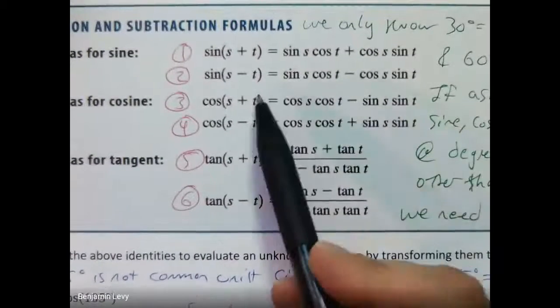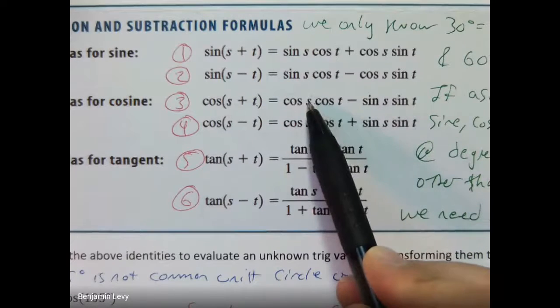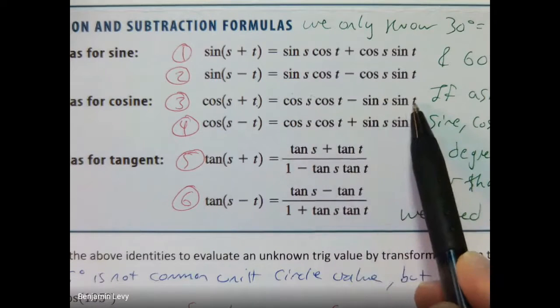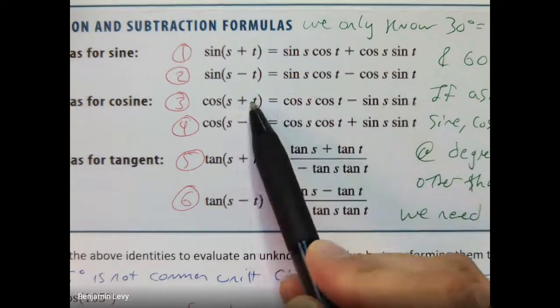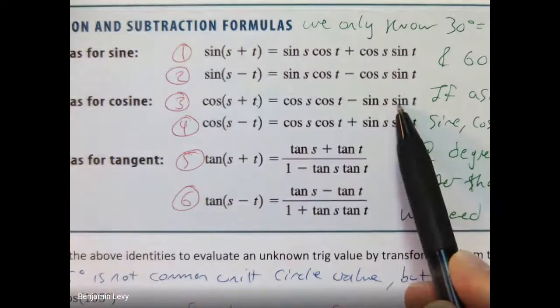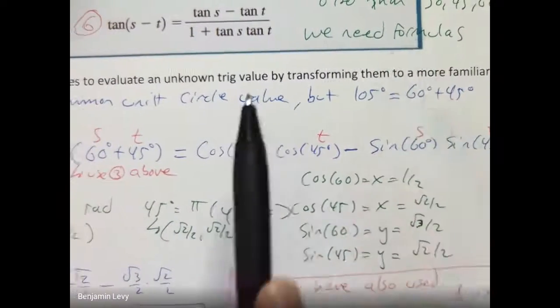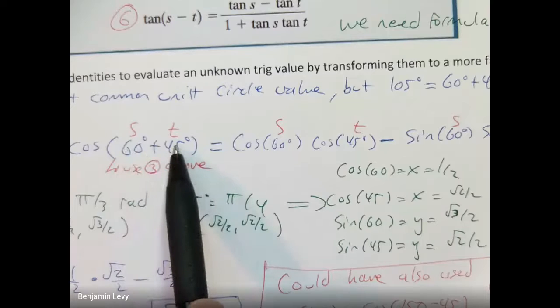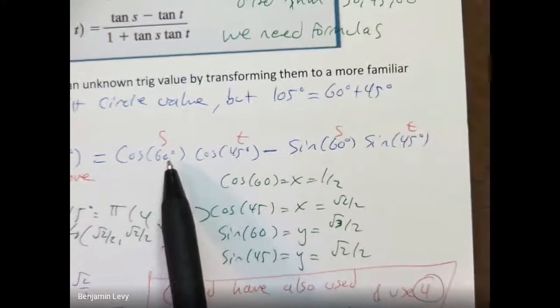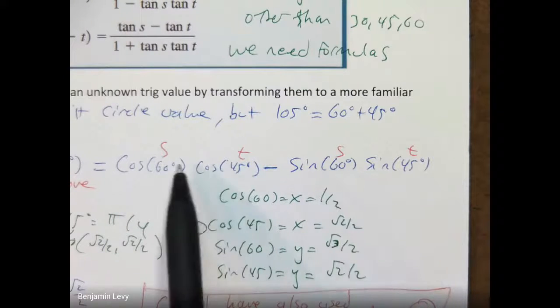It says s plus t, but then on the right-hand side of the formula, it only has s's and t's inside the individual things. And so you write it as the sum of two things, but then those two individual things go into the pieces, right? So on this one, s was 60 and t was 45. And so then on the right-hand side, we only have the 60s and the 45s inside sines and cosines.